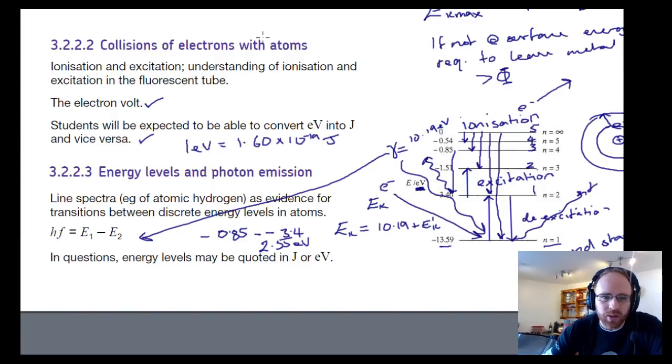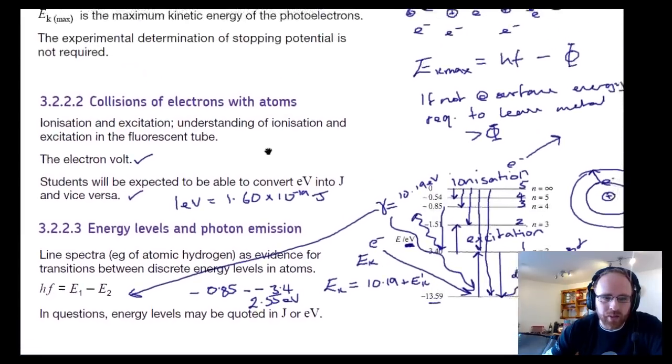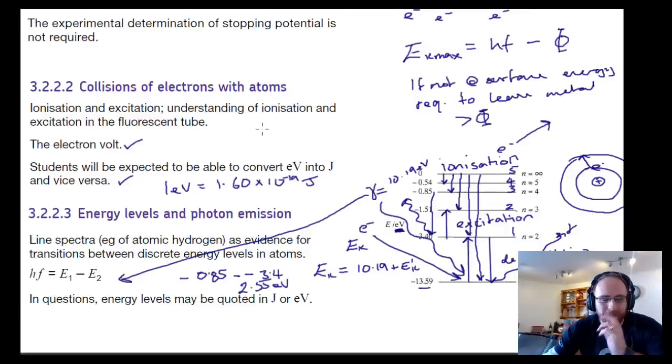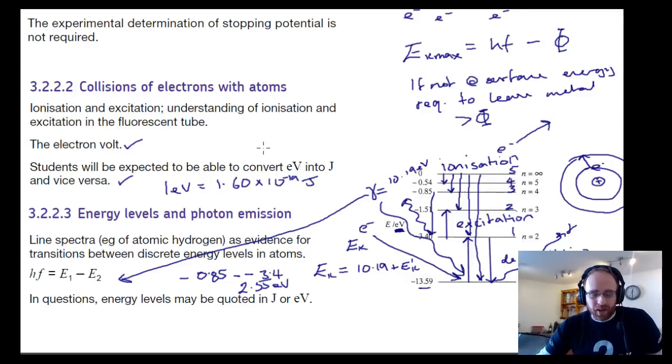I've ignored ionization and excitation in the fluorescent tube. So in a fluorescent tube, we have mercury, which is vaporized when we put an electric current across the tube, and then ionized. And then those mercury ions collide with the electrons going the other way, exciting the mercury ions and releasing ultraviolet photons.